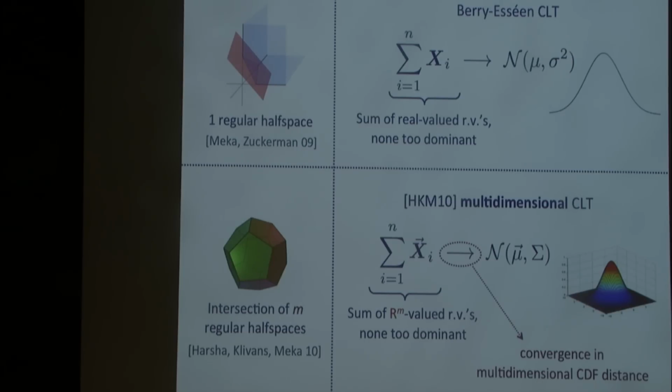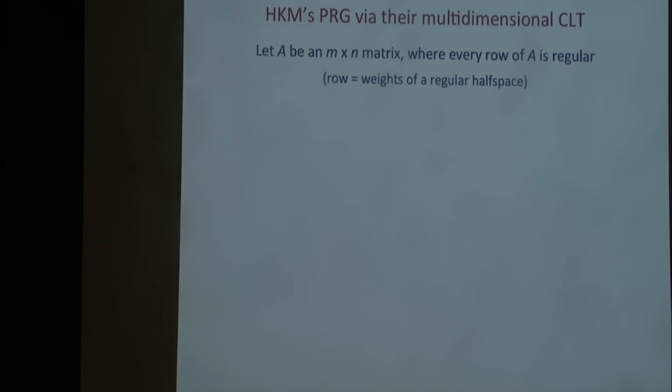Multidimensional CDF distance syncs up perfectly with the intersection of half spaces because you put the threshold in every dimension. Yeah, exactly. These are orthants in R^m space, not R^n space. Good. Great.